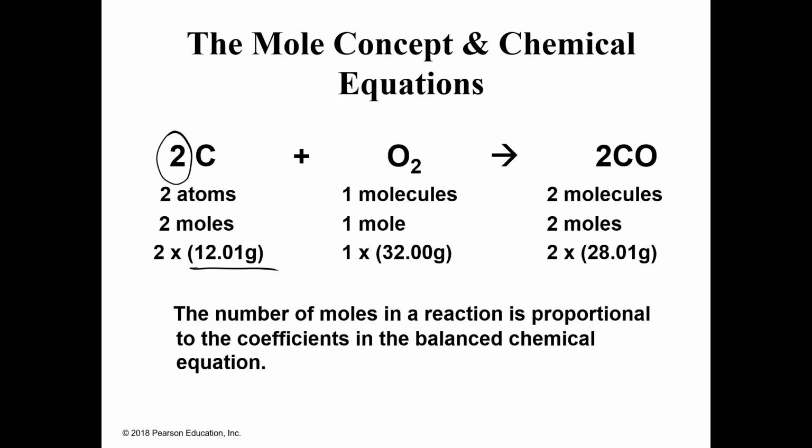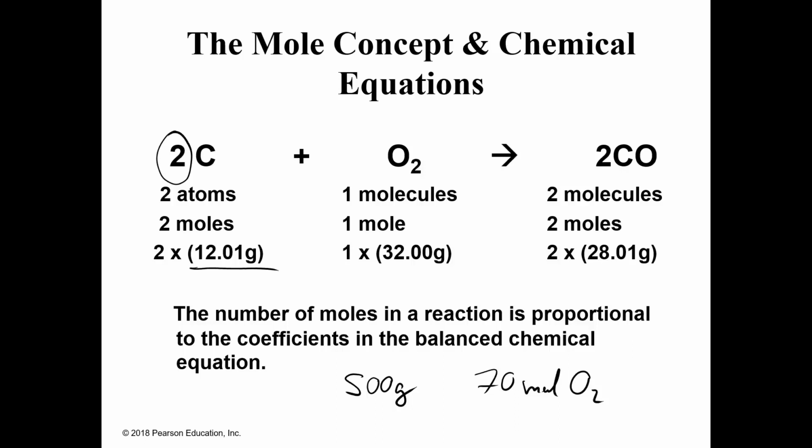And then we may want to know, well, what if I have 500 grams of carbon? How many grams of carbon dioxide am I going to produce, right? Or how much oxygen am I going to need? How many grams of oxygen am I going to need? Or what if I have 70 moles of O2? How much carbon can I burn with that?